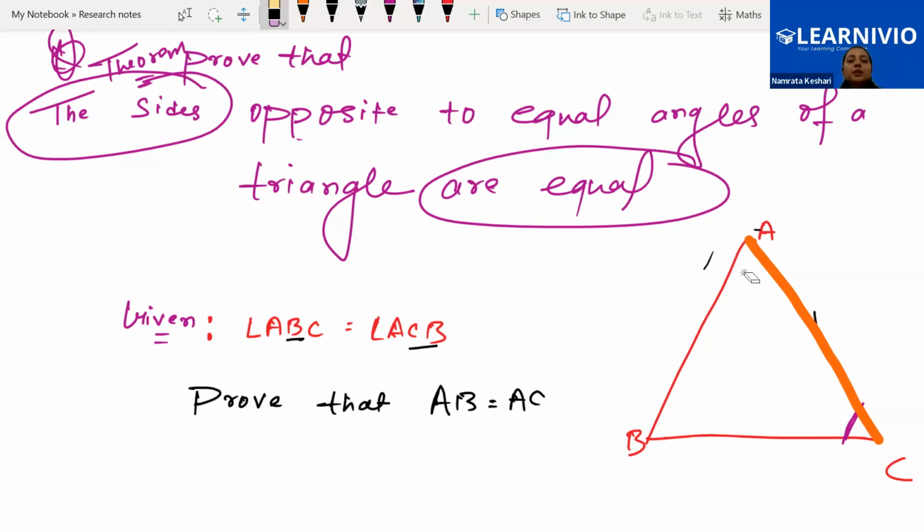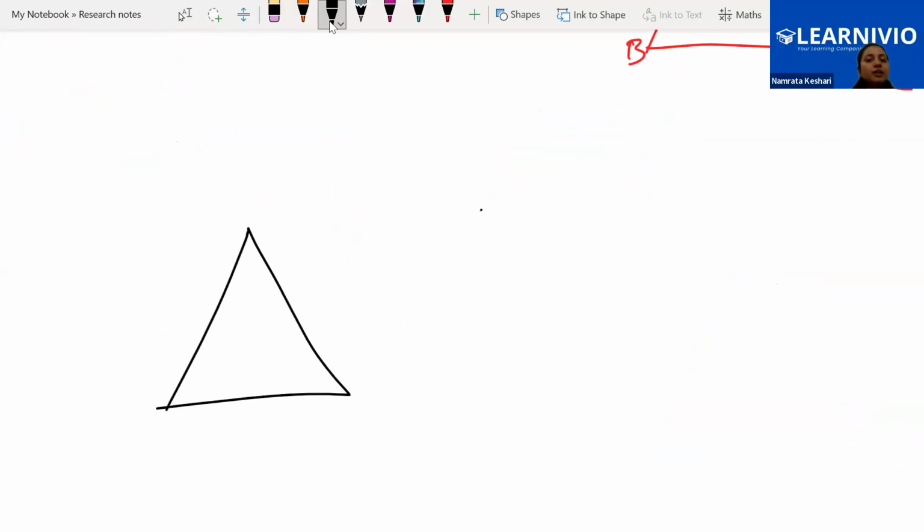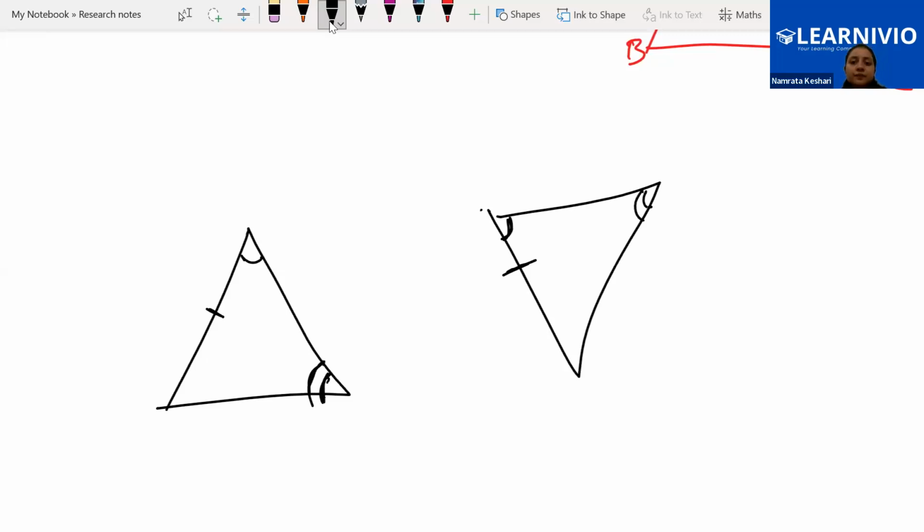See, sometimes you will be able to see two such triangles. Suppose, for example, we have a triangle, and let's say another triangle. Here, one of the angles is the same as one of the angles over there. Let me create the scenario so that I can explain what I am talking about. This side and this side are the same, and this angle and this angle are the same.